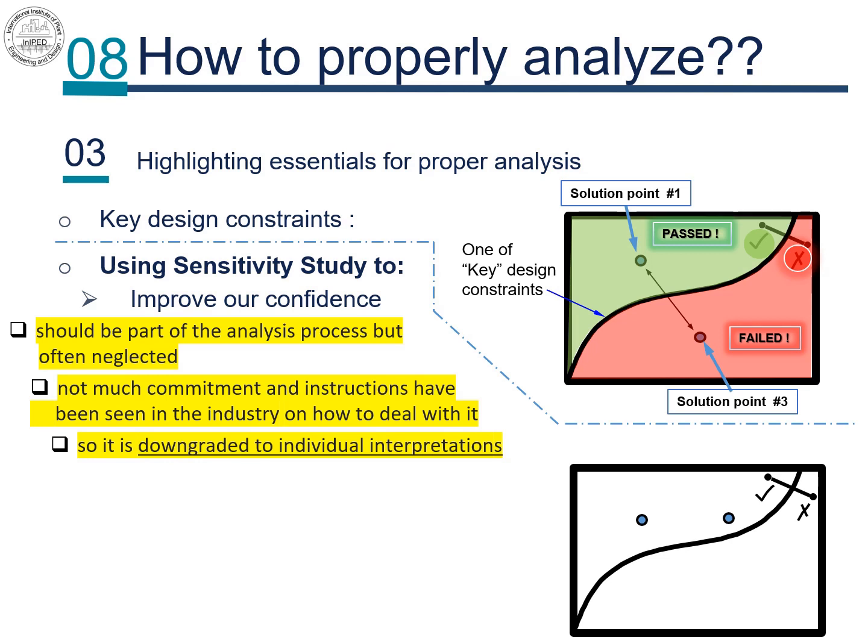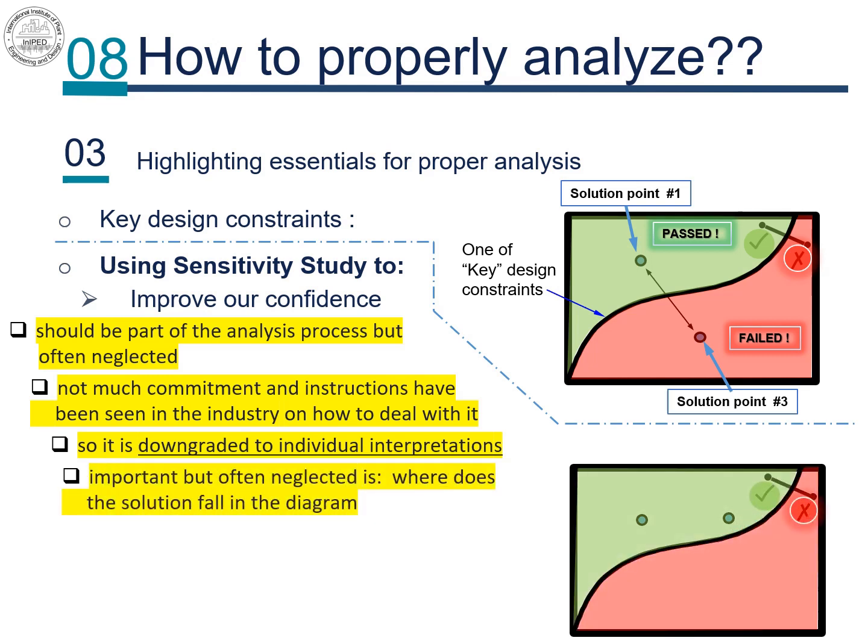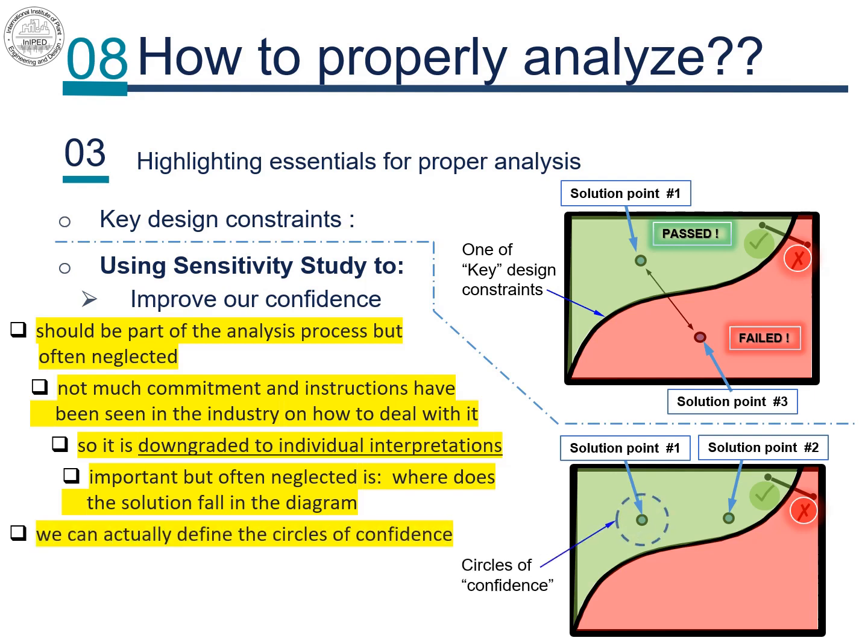If we focus our attention on the solutions that are in the pass region, one important but often neglected aspect of the design solution is where the solution falls in the diagram, and based on that, what confidence we can have in it. To answer that, by doing sensitivity studies, we can actually define the circles of confidence. As can be seen, the circle of confidence for solution point number 1 is much bigger than for solution point number 2.